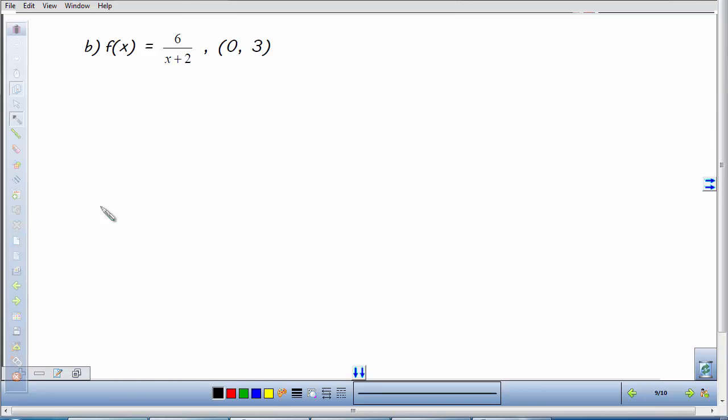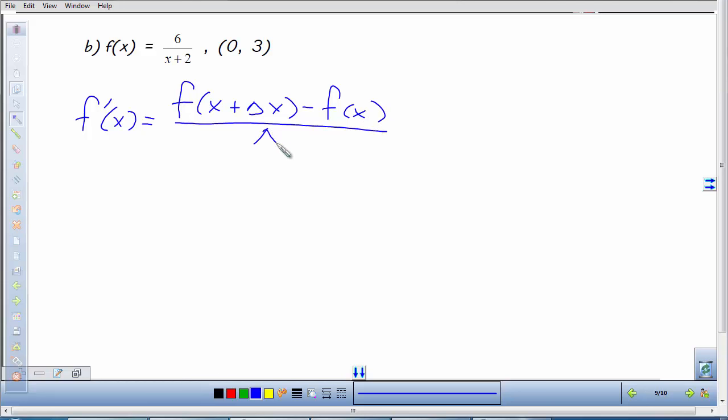So the first thing we need to do is find the derivative. So our formula for the derivative is f prime of x is equal to f of x plus delta x minus f of x all over delta x. And I forgot a very important piece.